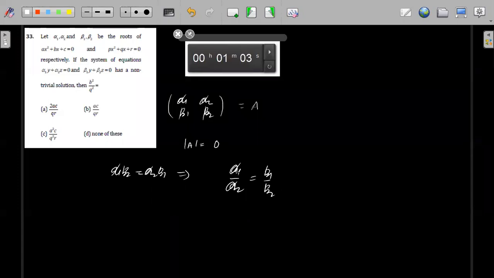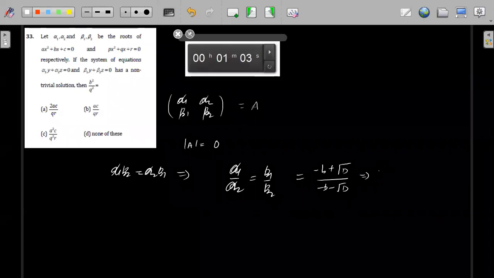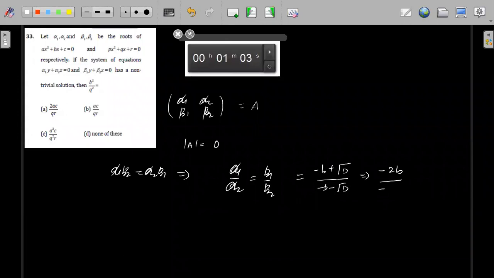Now see, if they give something like this, always take componendo dividendo, because for alpha 1 and alpha 2, I can write alpha 1 as minus b plus root of d upon minus b minus root of d. If I take componendo dividendo, the numerator becomes minus 2b because this gets added and this gets subtracted, and the other becomes plus 2 root d.